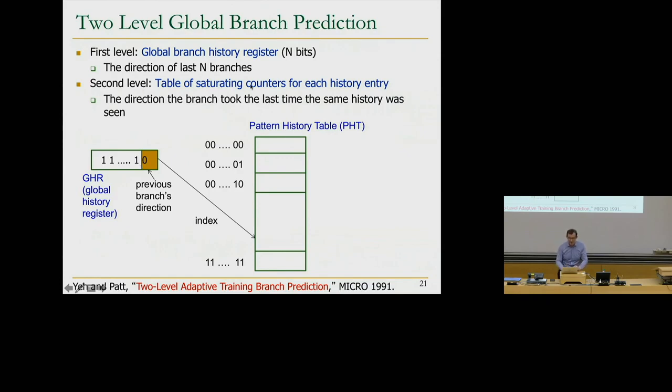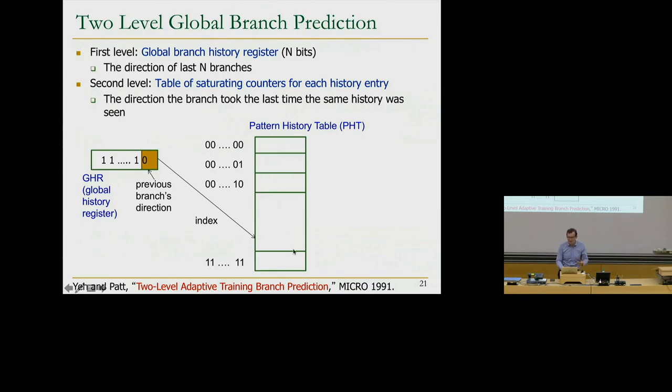The second level, you have a table of saturating counters for each potential history entry, and this basically tells you the direction the branch took the last time the same history was seen. So we're going to index this pattern history table with the value that you have in the global history register. So if you saw this history last time, where did the branch go? If this was 1 bit, it will say the branch was taken.